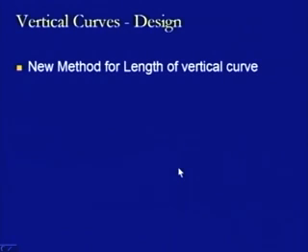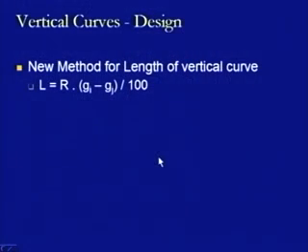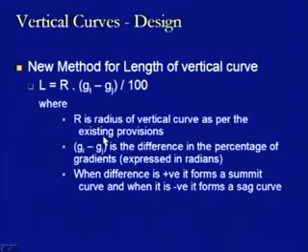Coming back to the design and the length of the vertical curve, another method which is now in use is L equals the radius r multiplied by (G i minus G j) divided by 100. In this case, r is the radius of the vertical curve as per the existing provisions.